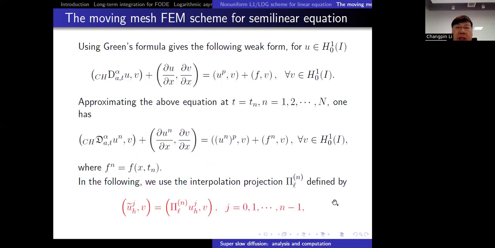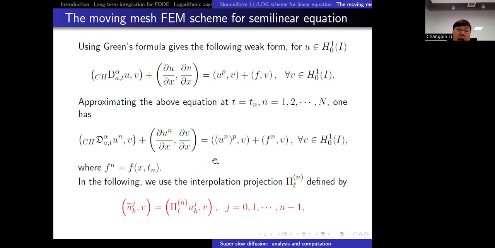So we can give the weak form of the nonlinear system like this. Okay. We need to approximate the equation at a time near Tn like this. Okay.